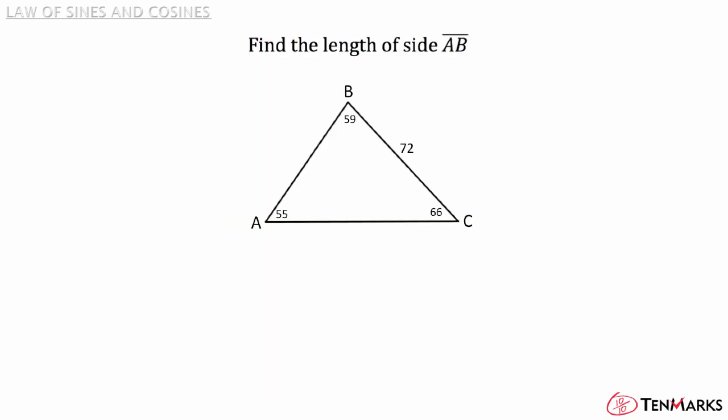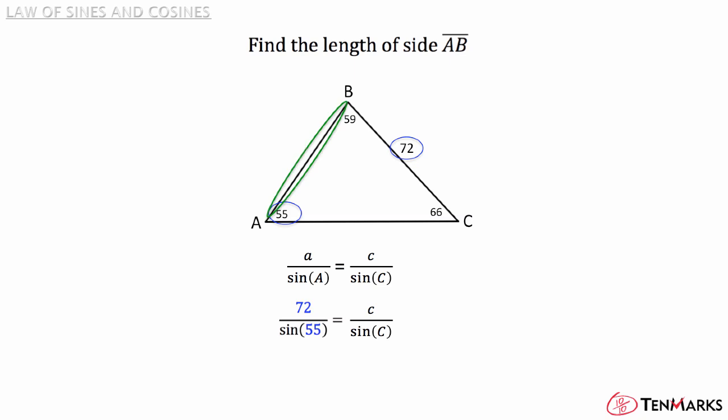Find the length of side AB. Find a proportion where you have enough information for both a side length and the angle opposite that side. To solve using the law of sines, you only need 2 sets of fractions from the equation. Plug the first set of numbers in, and then figure out your next set of numbers. You want to find the length of side AB.